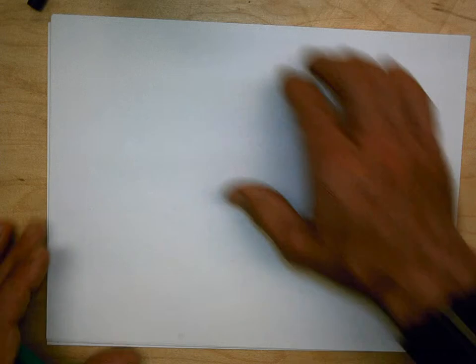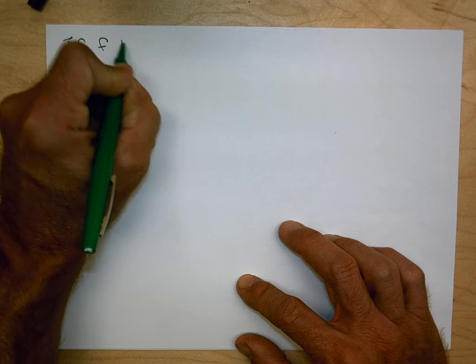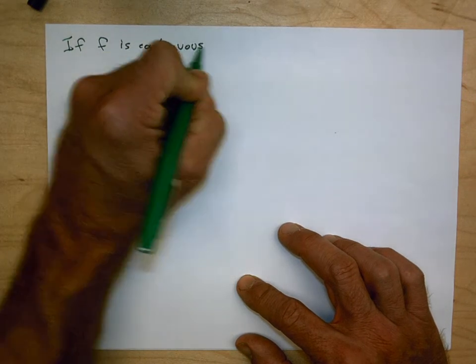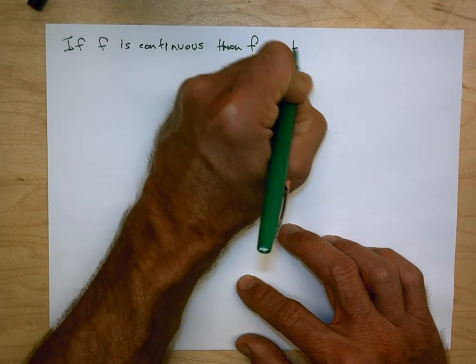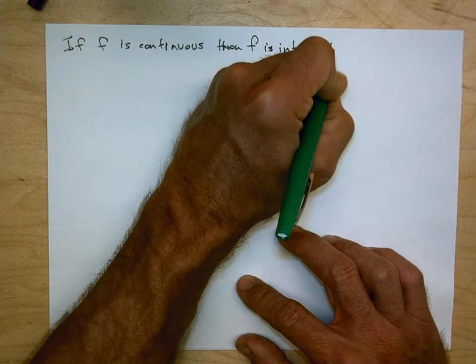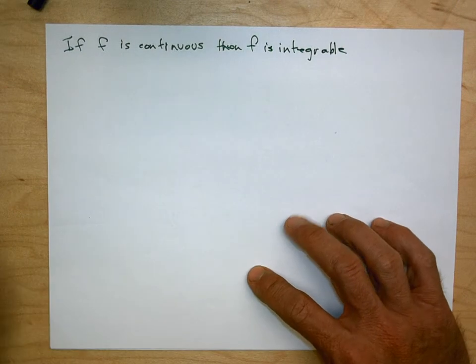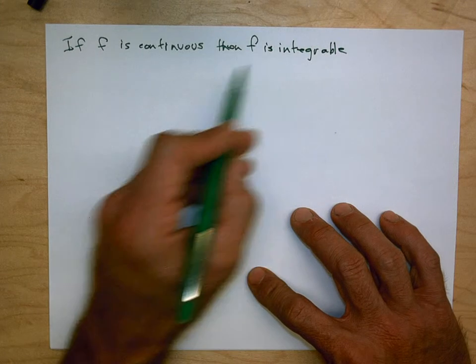Okay, a couple last things then. If f is continuous, then f is integrable. In fact, continuity is too strong of a condition. There are many functions that aren't continuous that are still integrable, but continuity certainly does it.